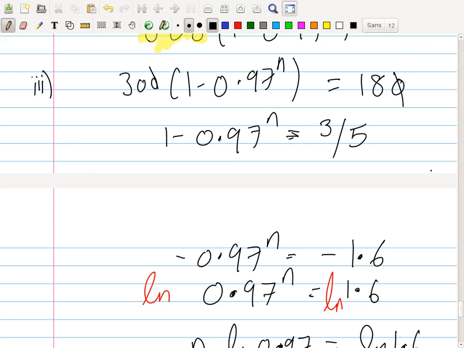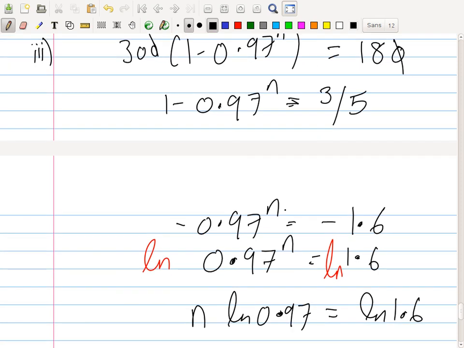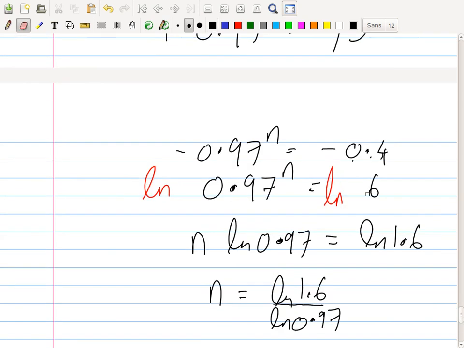This should be minus 2/5, which is minus 0.4. So that should just be 0.4. Now it's better.